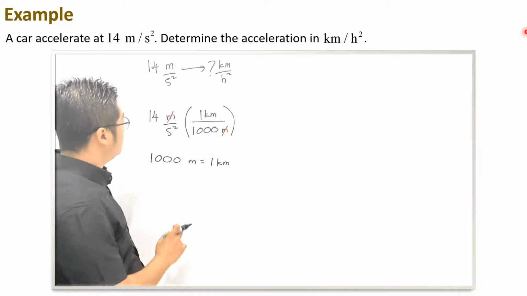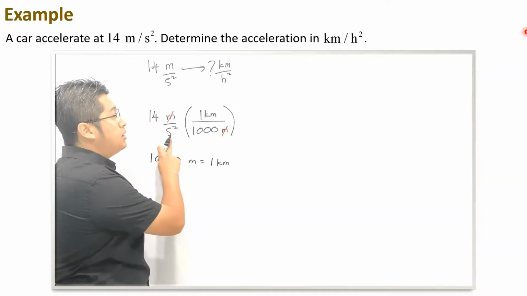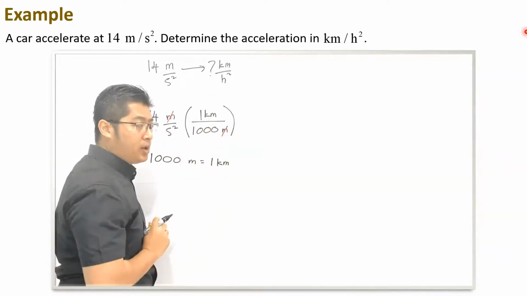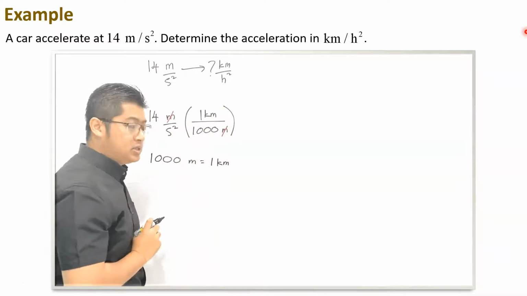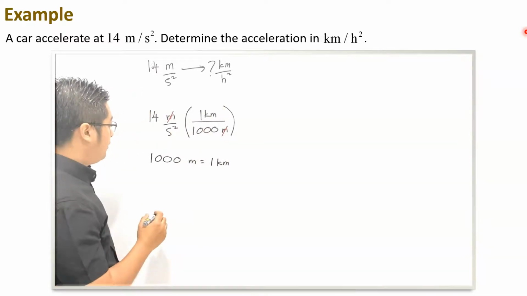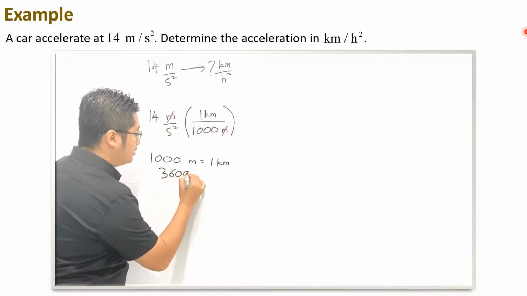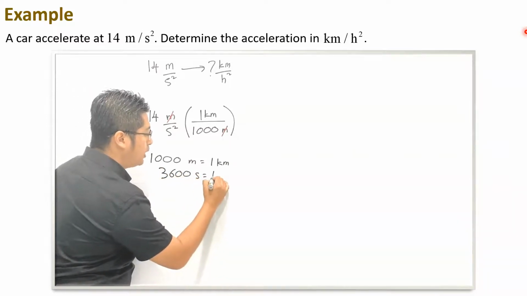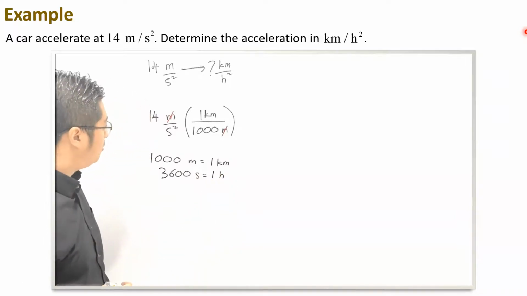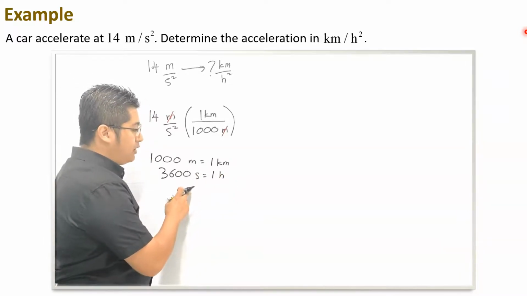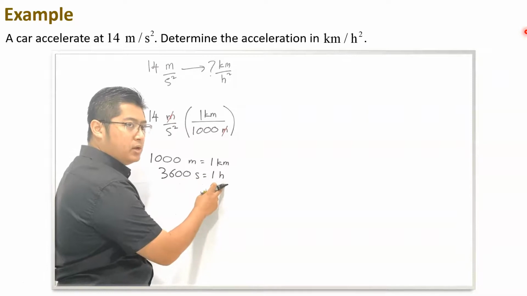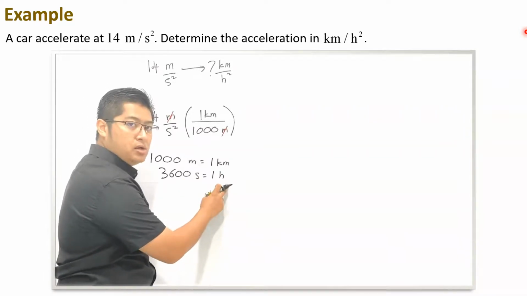Next, you want to remove the second squared, and then insert hour squared. Again, the same procedure, you need to know the conversion factor. You know that 3600 seconds equals 1 hour. But this is the conversion factor between second and hour, not second squared to hour squared.